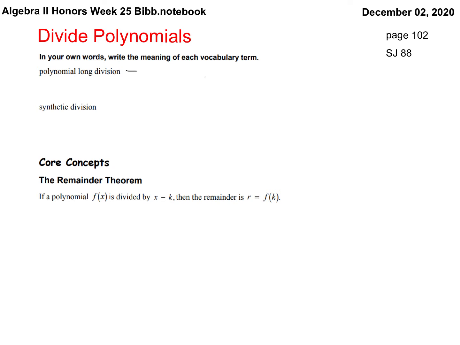So this is a method of dividing a polynomial by a polynomial. Typically, it's a polynomial by a binomial. That's typically what we divide by. But you can divide by a trinomial. That can be your divisor. And this can be used on any division.